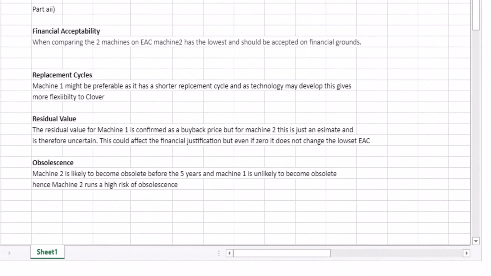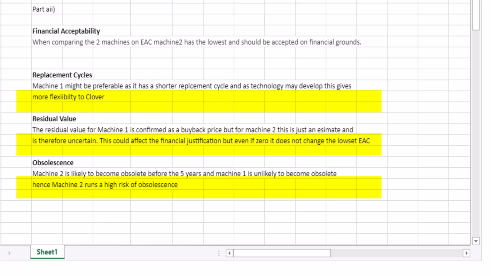Here I have detailed what I would have written under each of those headings. Please note I am using full sentences and not bullet points. It's really important to present it in a clear manner. Don't just put all your sentences and discussion in one cell. Notice I have moved the sentence to the lower cell, so it's clearer for the marker.